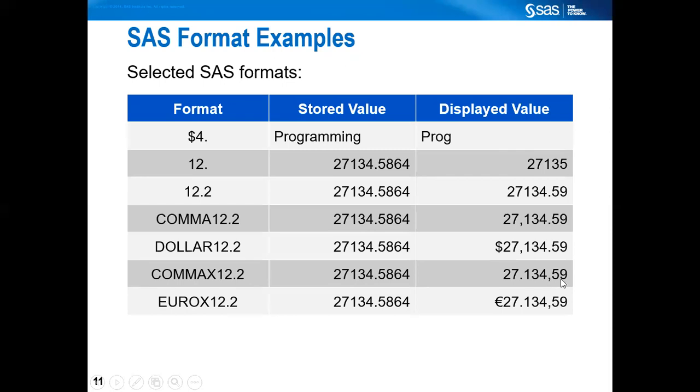With COMMAX, the decimal values are represented with a comma and the 1,000 places with a period. Same thing with EUROX; the only difference is that it shows the currency, with the 1,000 place as a period and decimal values with a comma. All good? It's just the way currency displays.